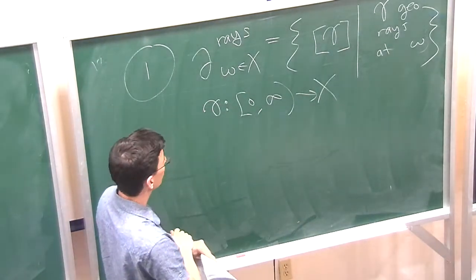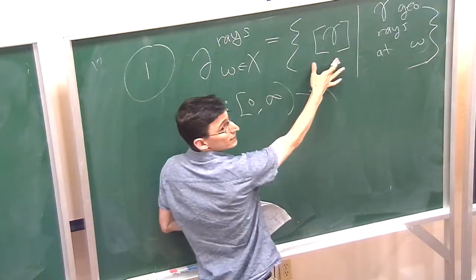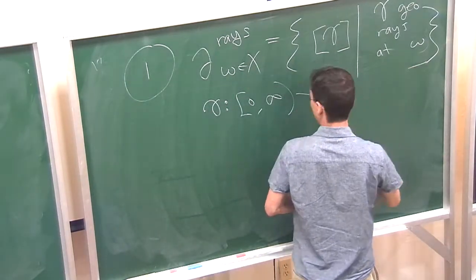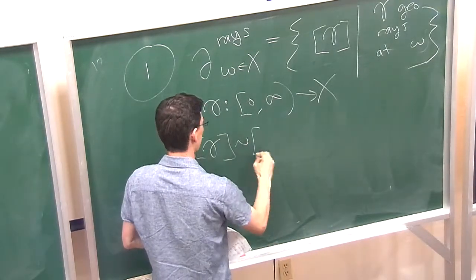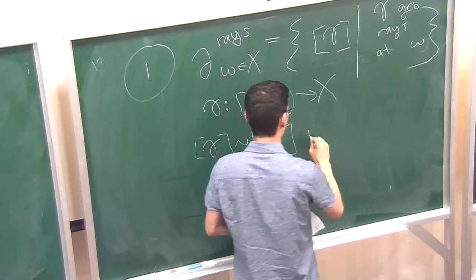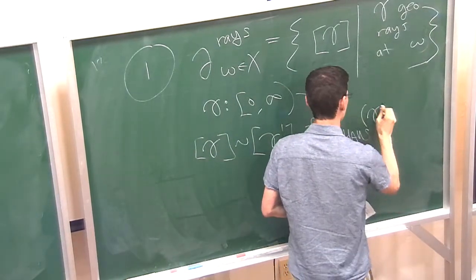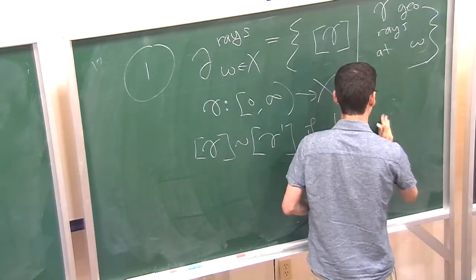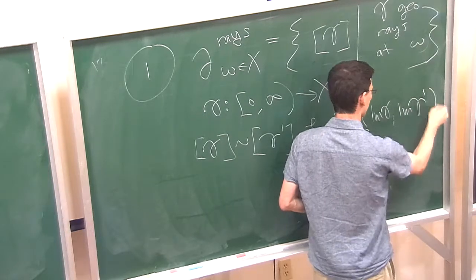As a set, I said equivalence classes, so I want to mod out by this: gamma relates to gamma prime if the Hausdorff distance between the images of gamma and gamma prime is finite.